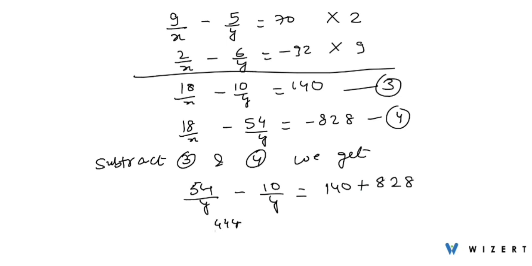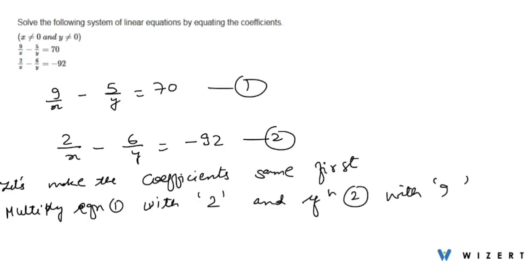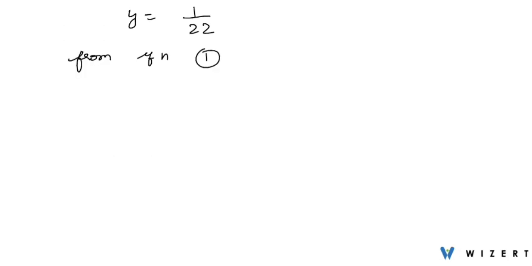From here we will get the value of the unknown, that is y. So we obtain y as 1 by 22, because 44 divided by 968 is 1 by 22. Now with the help of equation 1 we can find the value of x also.